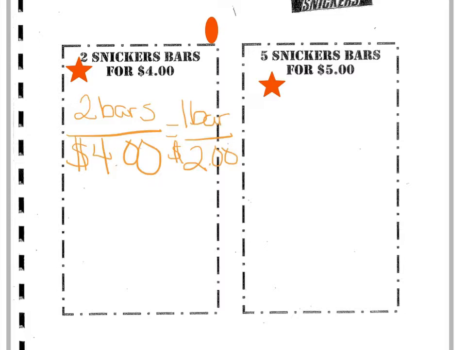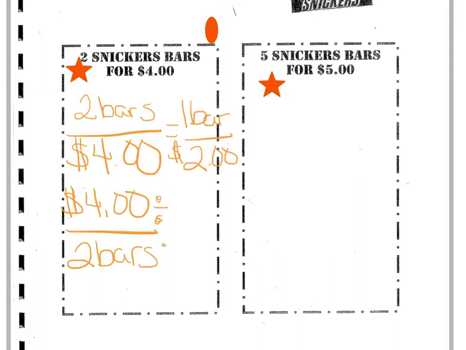The other way we could set this up, if we wanted to get an actual unit rate, is to say $4. We'll set up dollars for bars, and then we want to get that denominator to 1. In order to get the denominator to 1, we have to divide both the numerator and the denominator by a number that will make that 1.